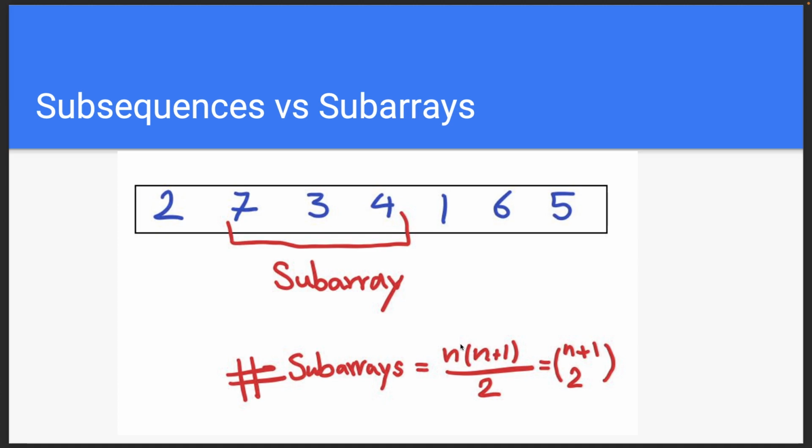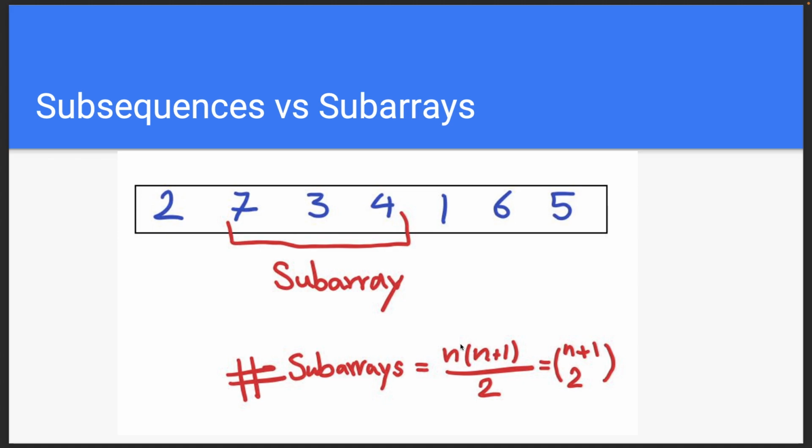So the answer would be adding up these numbers, which by the formula would be n multiplied by n plus 1 divided by 2. Is it clear? Yeah. Okay, but that was a naive solution.